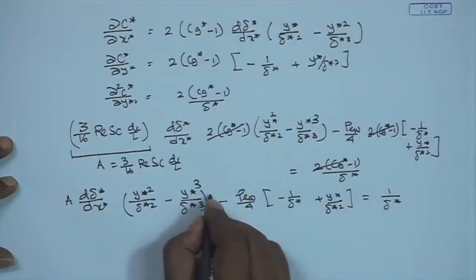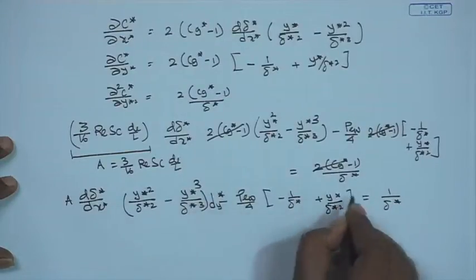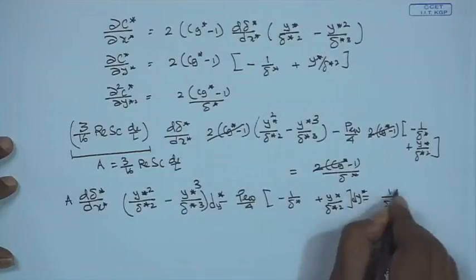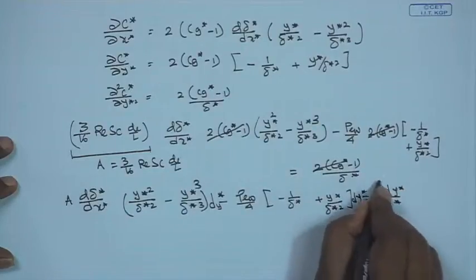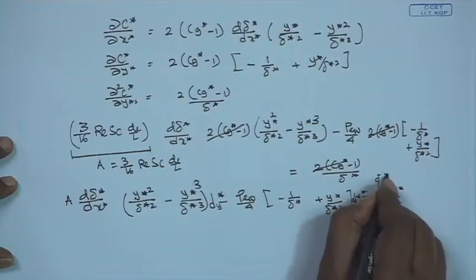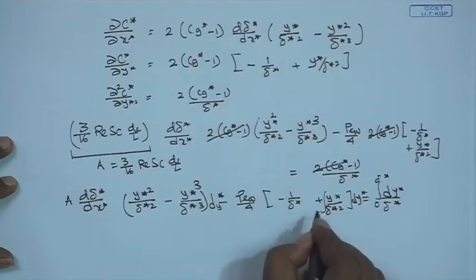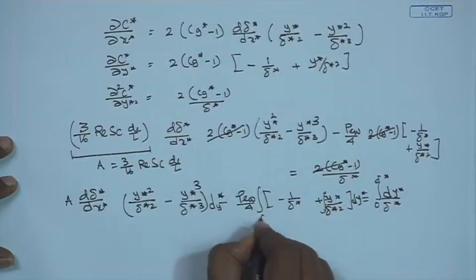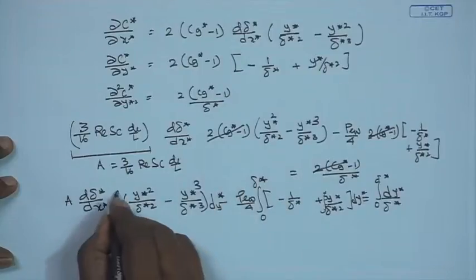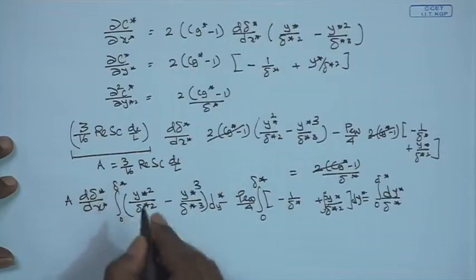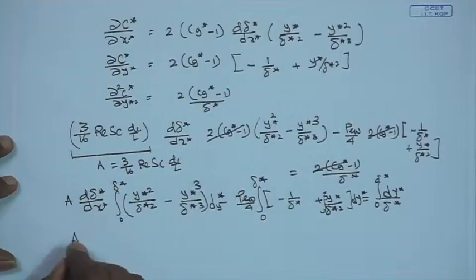So, we multiply both sides by dy star and integrate across the boundary layer thickness 0 to delta star, and see what we get. So, this will be obtained that A d delta star dx star.